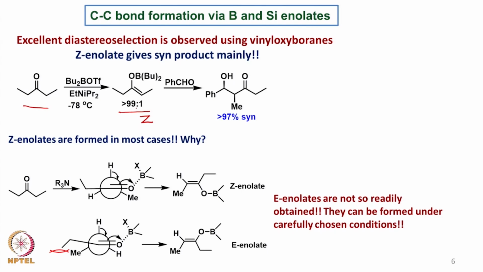And when this reacts with benzaldehyde, then of course you get a syn product, syn aldol, which is more than 97% in terms of its ratio.